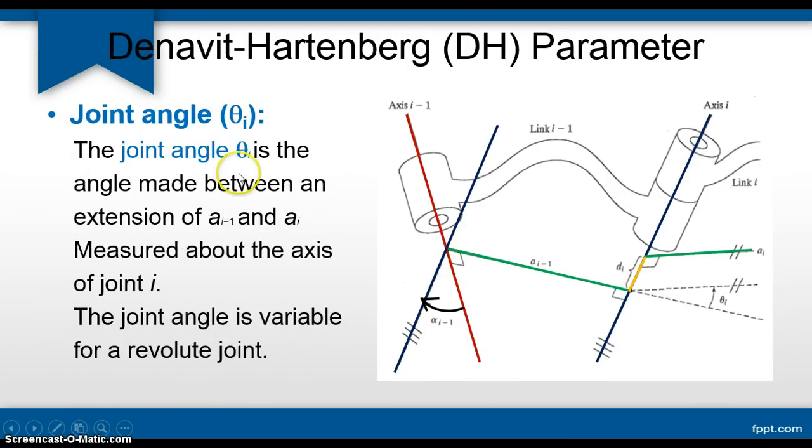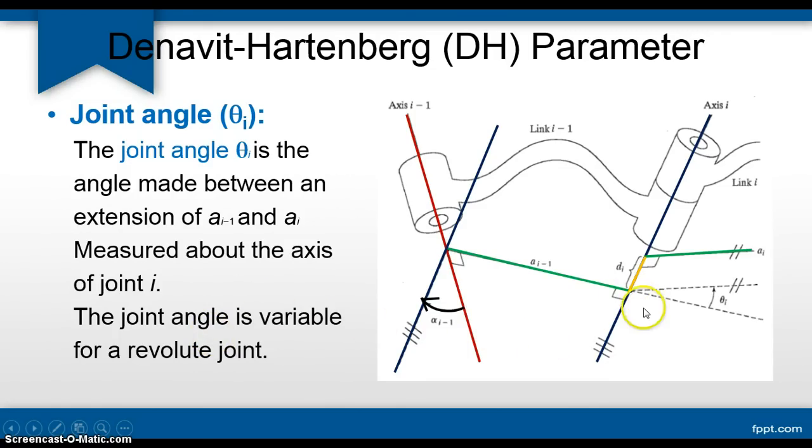Next parameter is joint angle, which we give the symbol theta i. It is the angle made between an extension of a i minus 1 and a i, measured about the axis of joint i. This joint angle is variable if the joint is of revolute type.